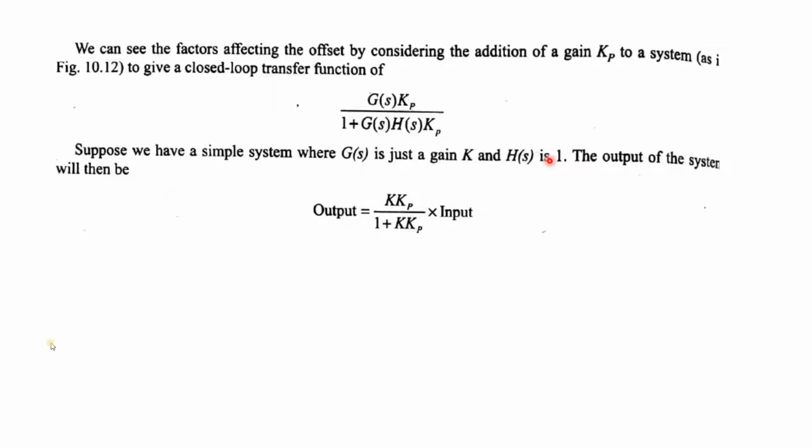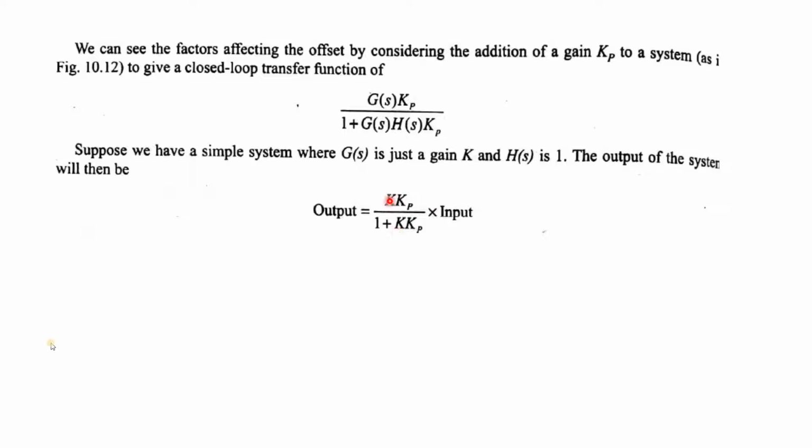If the feedback is 1, that is unity feedback, and the forward part of the control system, or the actual plant, has gain K, then the output will be K into Kp divided by 1 plus K into Kp, multiplied by the input.